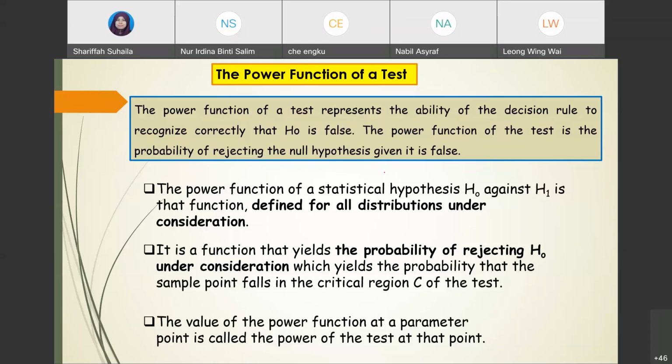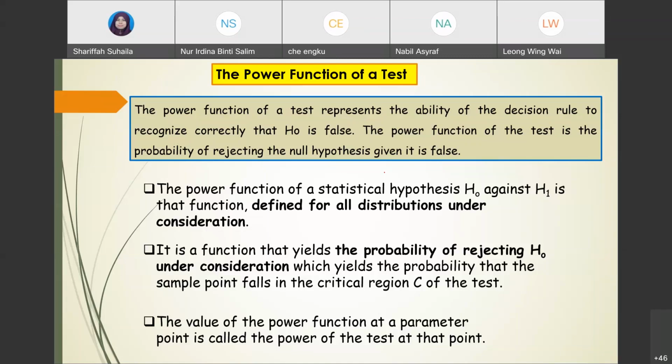Apa dia punya power function dia? Okay, so that is the power function of the test, the probability of rejecting the null hypothesis given that your H naught is false lah. So again, the power function of a statistical hypothesis H naught against H1 is that function defined for all distribution under consideration.